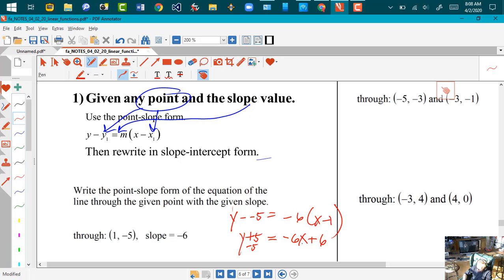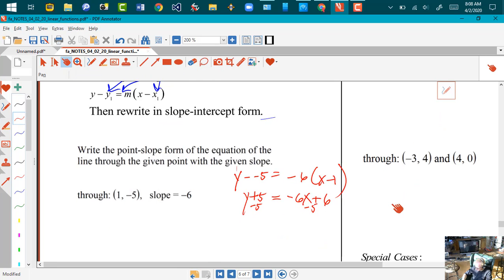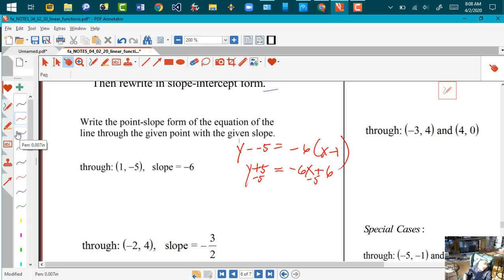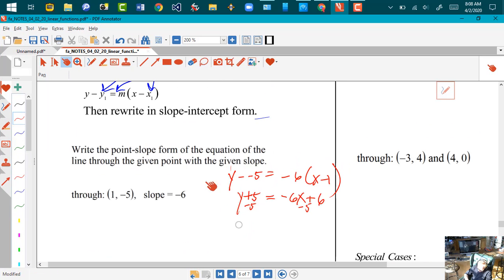Then I would subtract 5 from both sides, and I would end up with y equals negative 6x plus 1.